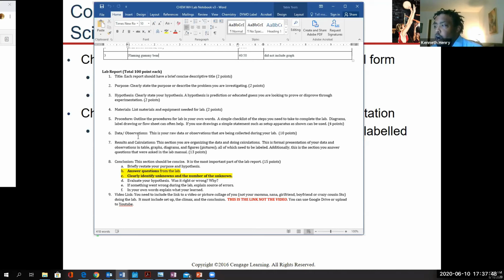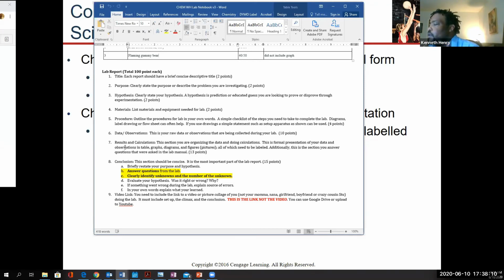So results are those calculations, and the figures that are explained, okay? Your results are the calculations that you're using the data for. It's where you organize your data, so often you're going to have nice tables and graphs to show me what you're trying to show me.